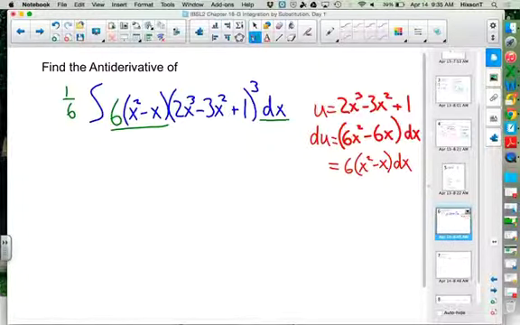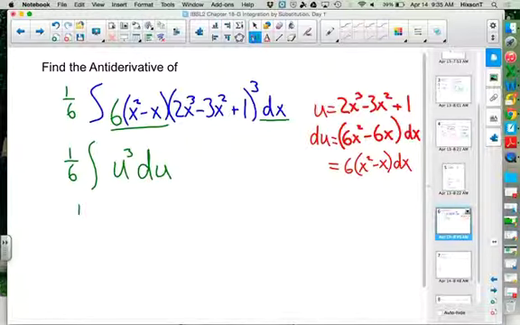Now, since we have that, we can do our substitution. I really just have 1/6 times the integral of u to the third, and that is du. Notice the 6 that we put in here was part of the du, so it's not here anymore.